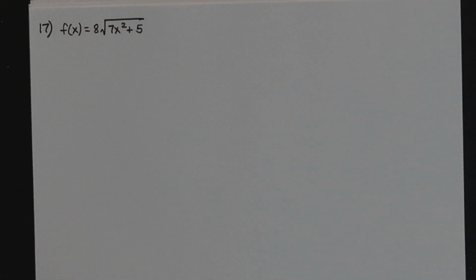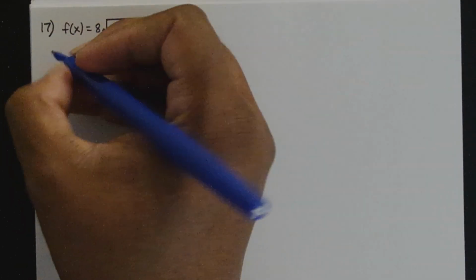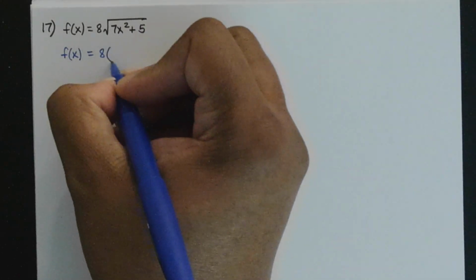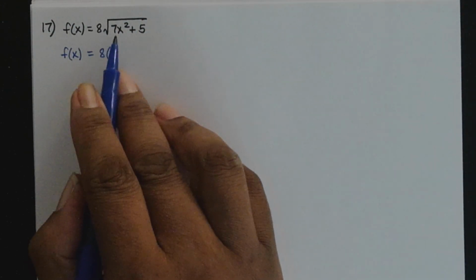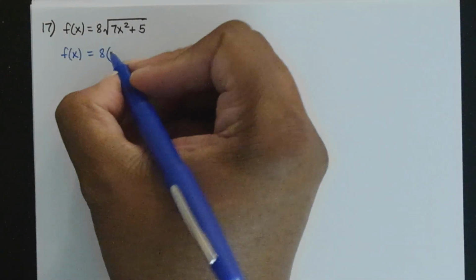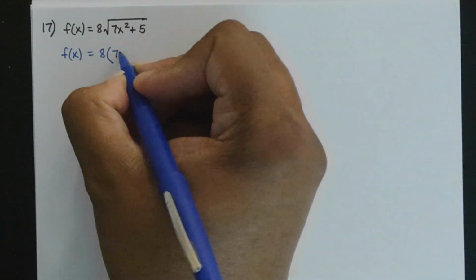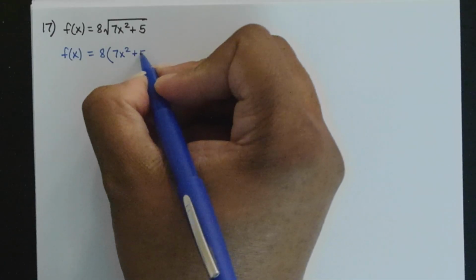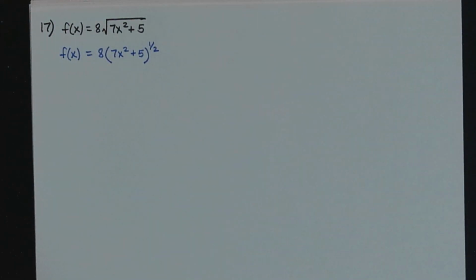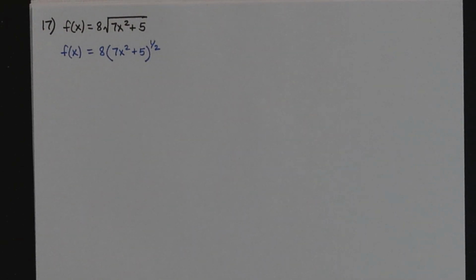There are a couple of ways you can do this, but let's go the obvious way here. I'm going to write this as f of x equals 8 times the square root of 7x squared plus 5. If I wrote that in exponential form, it would be to what power? 1/2. And then use that power rule and then the chain rule.